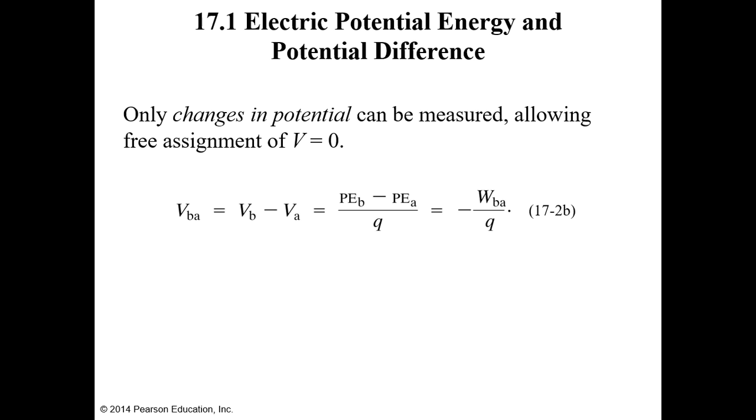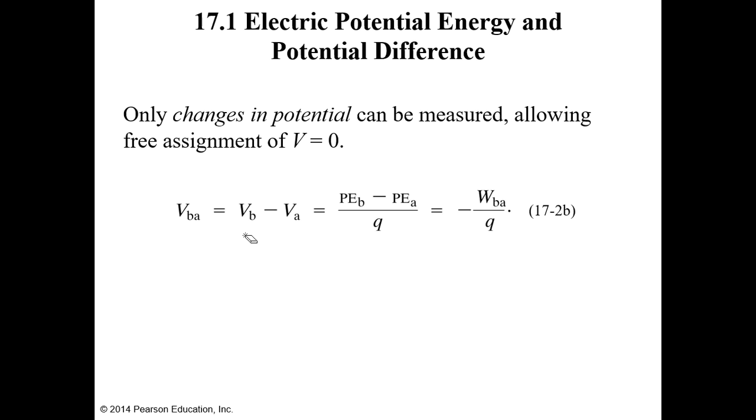In other words, we can only measure changes in potential. If we were to talk about just VB, just one number, that wouldn't make sense. That'd be like saying I have a potential energy of 3 joules. Well, is that relative to the desk or to the floor? I don't know. So you have to have a change in potential from one point to another. That's the nature of potential energy.